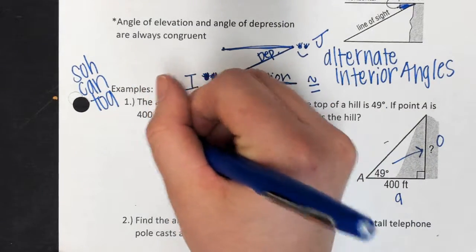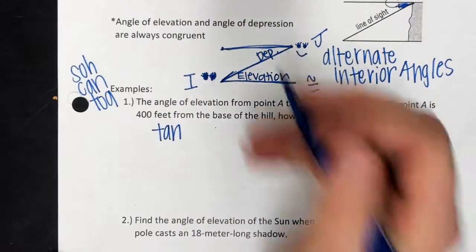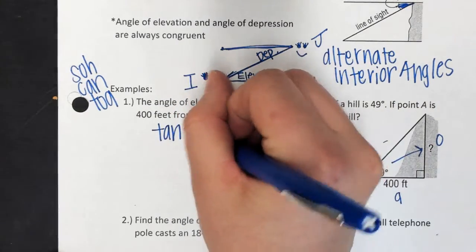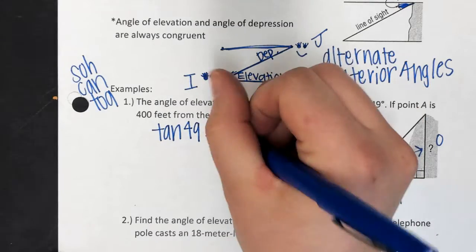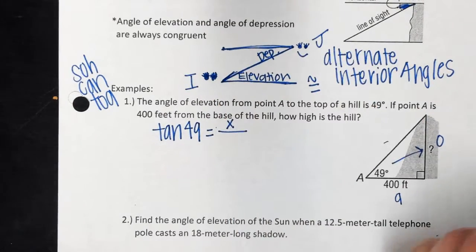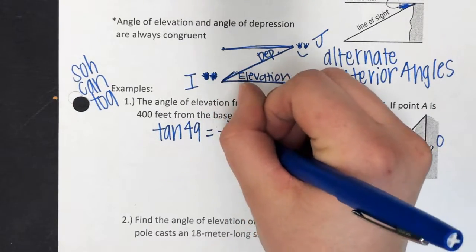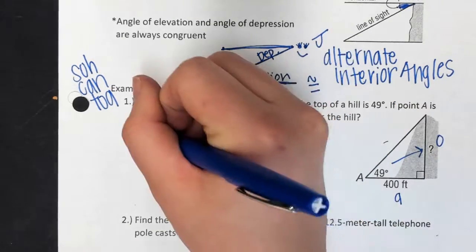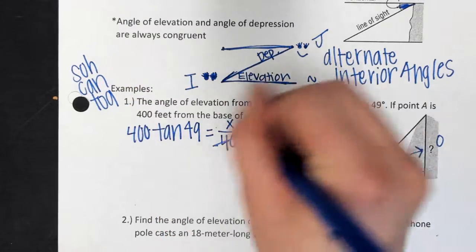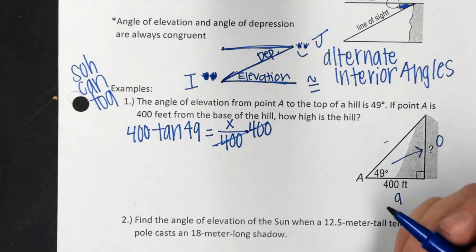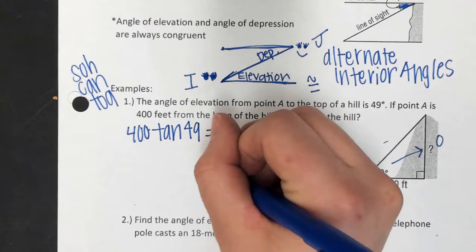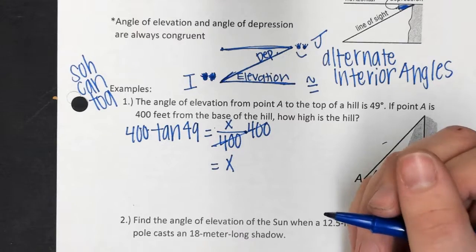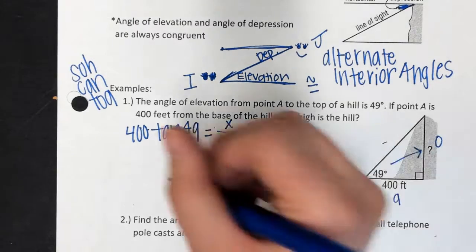Okay, so we're going to have to use tangent, but we already know what the angle is, so that's 49. Opposite, we don't know, that's our x. Do we know our adjacent? Which is 400. Now to solve for x, multiply both sides by 400. What's 400 tangent of 49? 460.1.